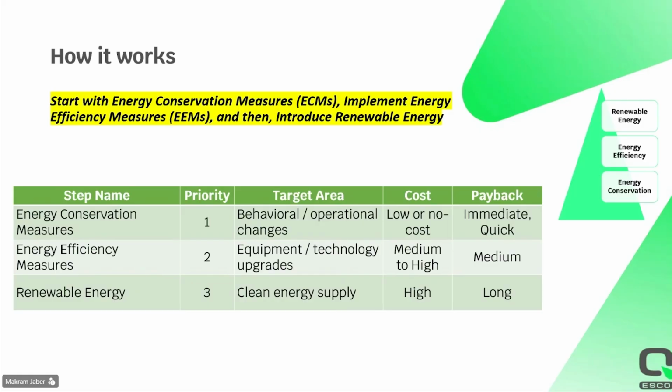As the technology improved, we can have more efficient equipment. For this type of project, the cost is medium to high, and the payback is sometimes 3 years, sometimes 5 years, depending on the type of activity, but it is in this range, and can go a little up.